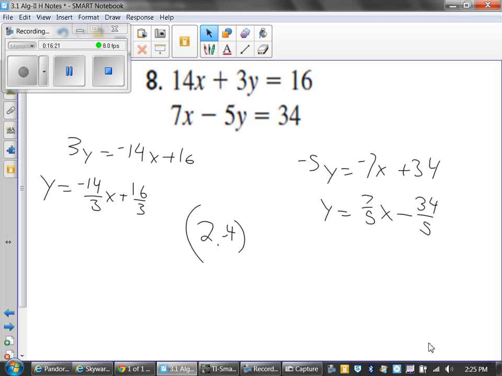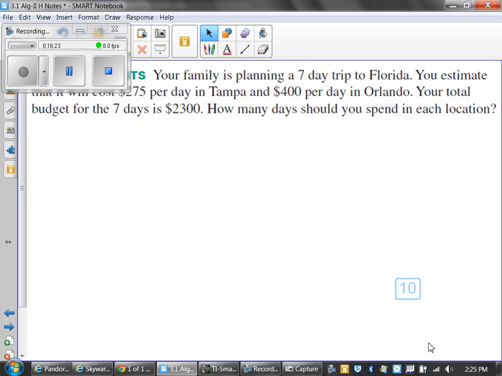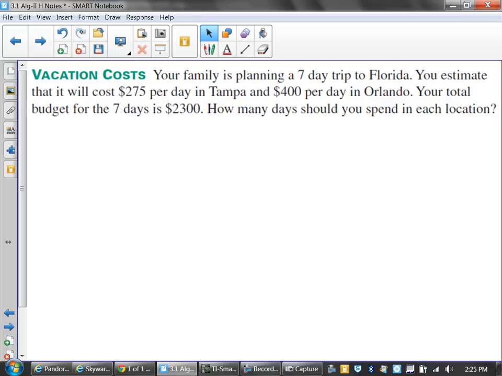Now, in this chapter we also get into systems with word problems, and there are quite a few of them as we go through. This first day of work with word problems is really very basic.